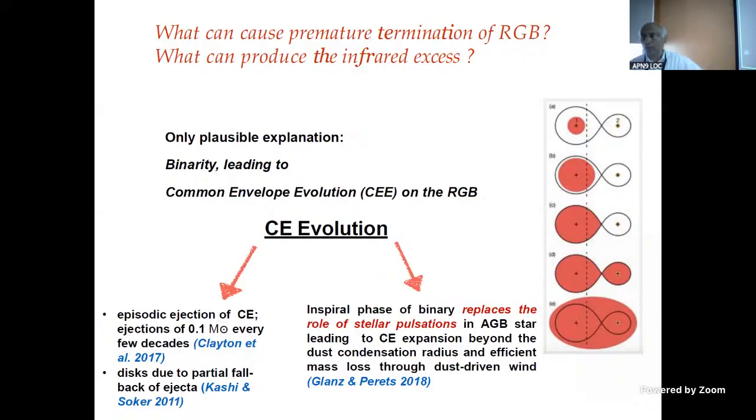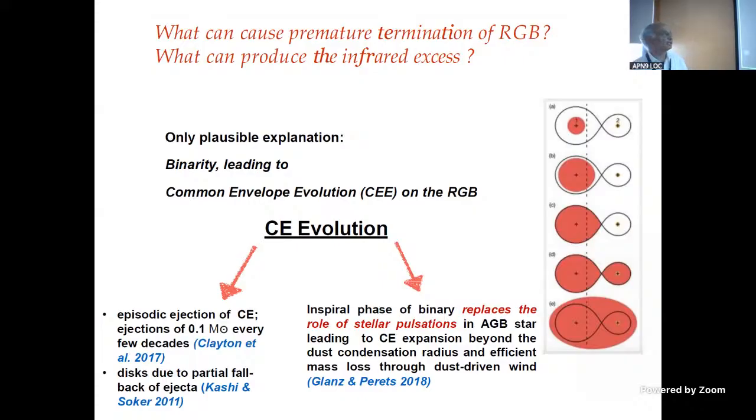Now, the details of the common envelope evolution, which have been studied by a lot of theoretical authors, are complicated, and there are various flavors to it. For example, the common envelope ejection does not have to be in one go. It can be episodic ejection, with ejection of about a tenth of a solar mass every few decades. In addition, a disk can form due to partial fallback of the ejecta.